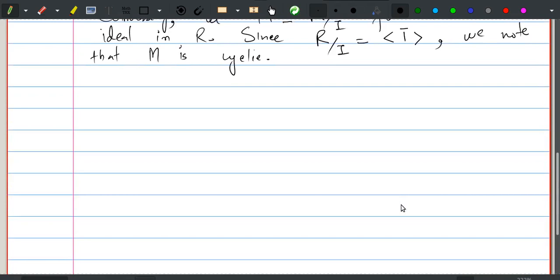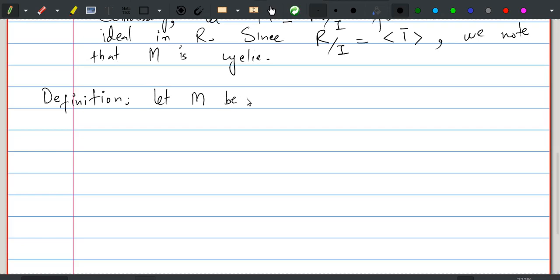Now let us recall what we mean by the annihilator of a module. So let us define this. We have this definition. Let us consider an R module M. So let M be our R module.